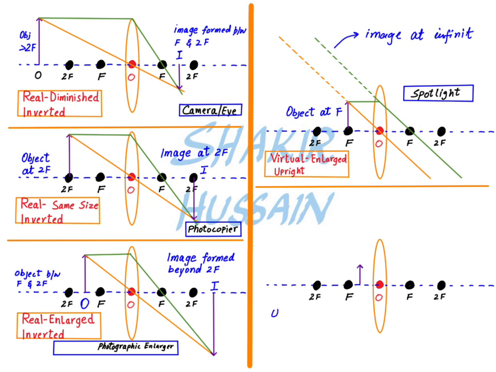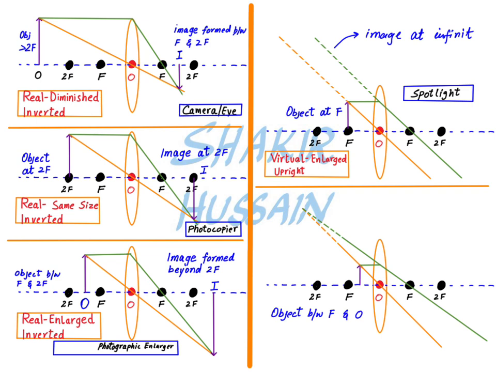The last case is this. Let's say I keep the object inside F. That means the object is placed between the optical center and the focal point. I'll obey the same rule. The first ray goes undeviated. The second ray comes parallel to the principal axis and then passes through F. So again you see that they are spreading out. They are not meeting. So you trace them back and you would find them over here.